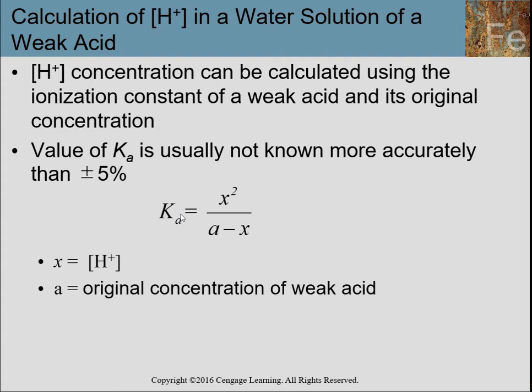So sometimes you're going to have to use some numbers and do some permutations to find out what the concentrations are. So this is the expression: X is the concentration of hydronium, which we know is also the concentration of the anion, divided by the original concentration of the weak acid minus whatever that X was.